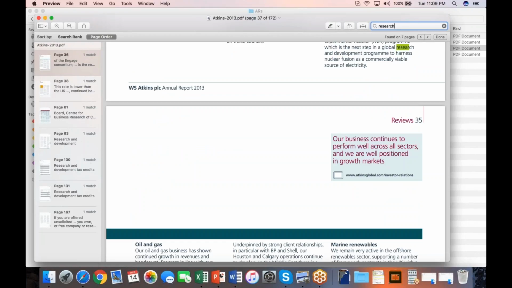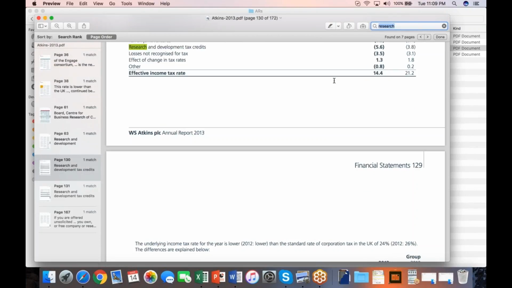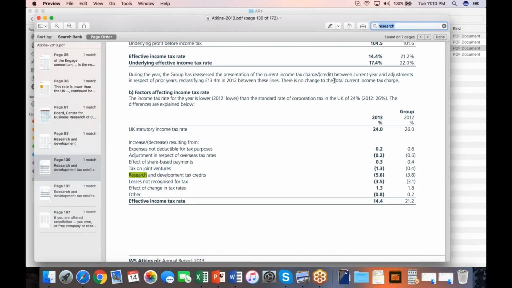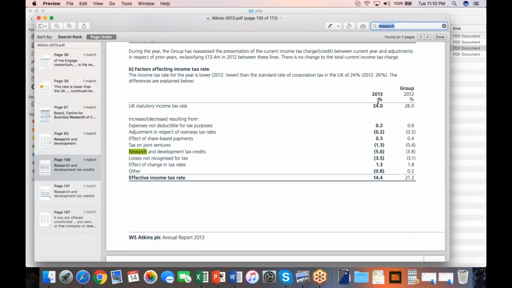Now, if you see this, it says that in UK statutory law, the income tax in 2013 is 24%. But the effective income tax rate, which they have mentioned in the income statement, is 14.4%, which means that Atkins was able to reduce it.